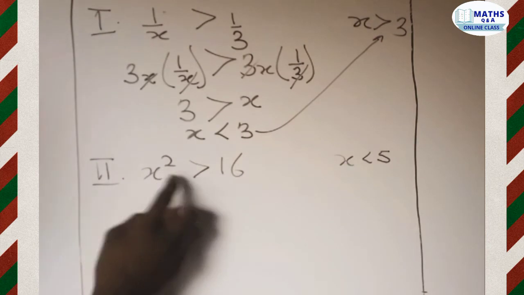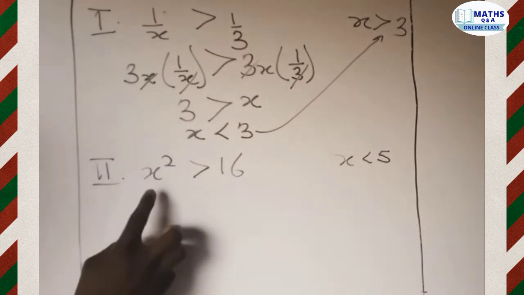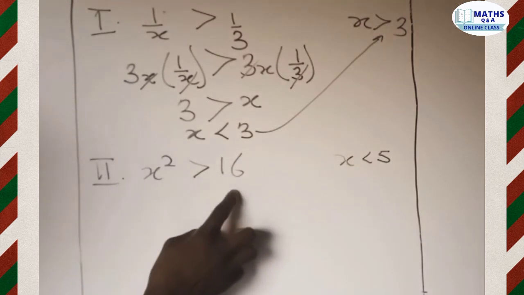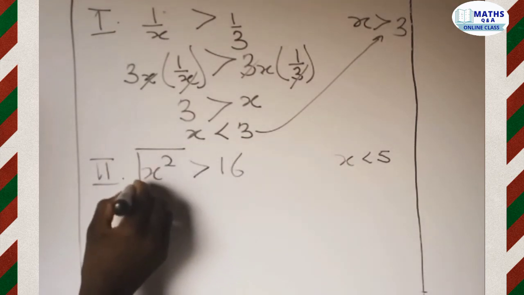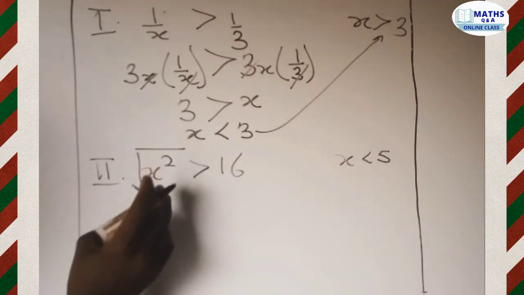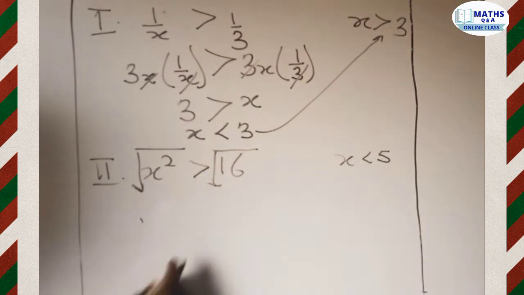Now we have x squared greater than 16, and we are to find x. So to find x, what we're going to do is find the square root of both sides, because we want the square root of x squared so that we can get x. And what we do to the left hand side, we have to do the same thing to the right hand side. So the square root of 16.